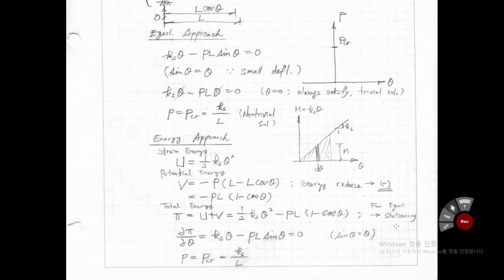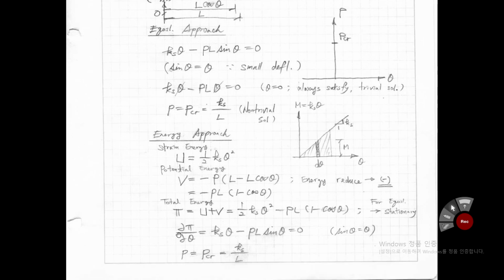Mathematically, we take the derivative of total energy with respect to this rotational angle. Then from this equation we get Ks theta, okay? And then PL eliminates cosine theta, minus sine theta, right? Take the derivative, then minus sine theta. Then we can get this equation.